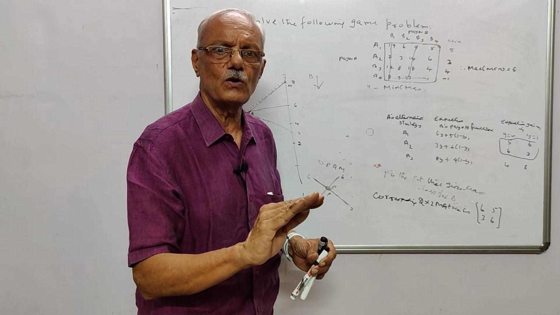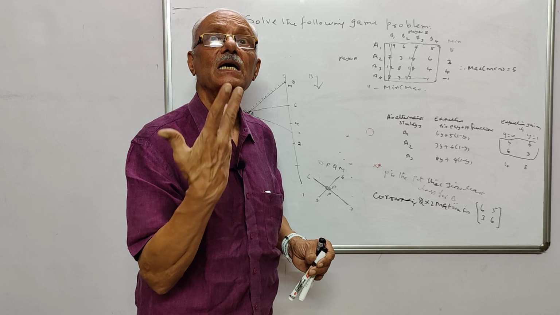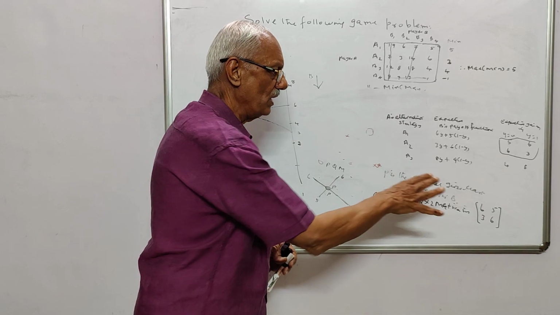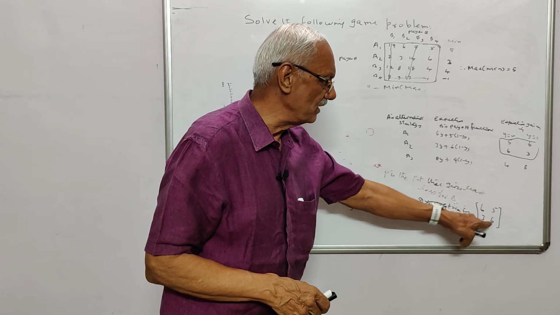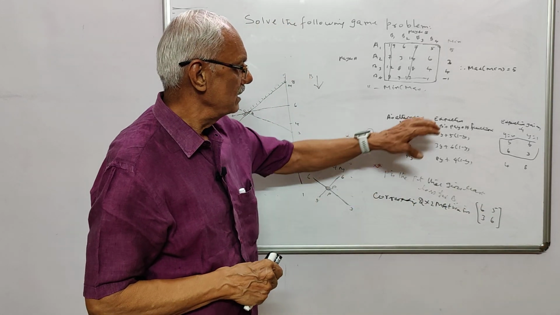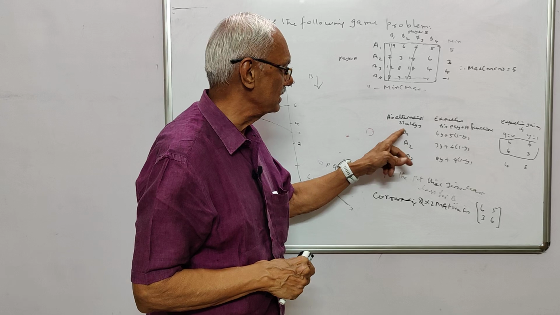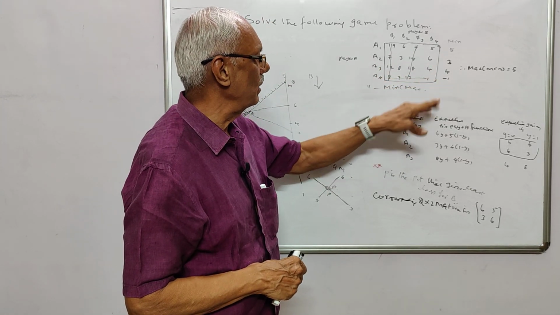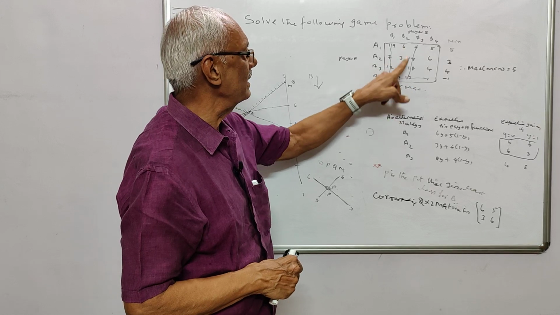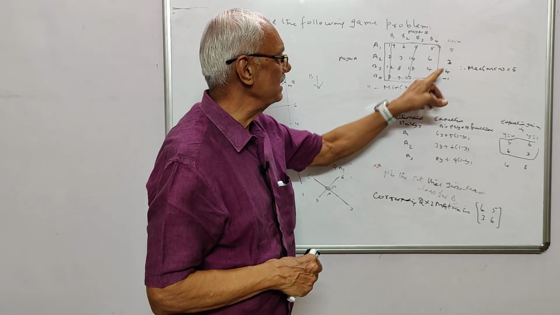B will try to keep his loss minimum, A will try to keep his maximum. Can you understand? Now we have to solve this 2 cross 2 matrix, namely 6 5 3 6. I will explain once. I told you what is the dominant law. Using the dominant law, I am able to reduce it to the matrix 6 3 8 and 5 6 4.